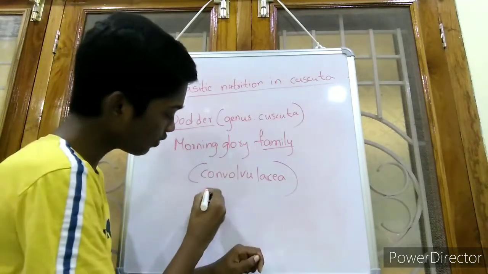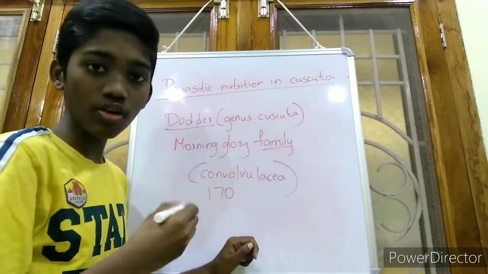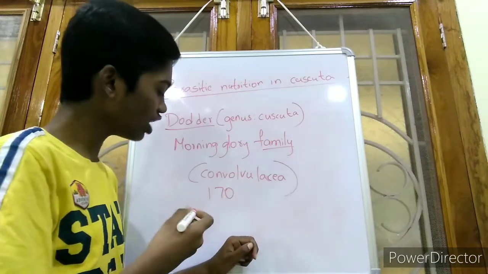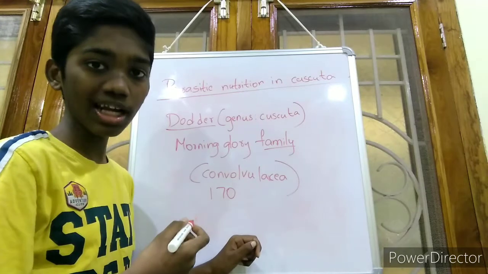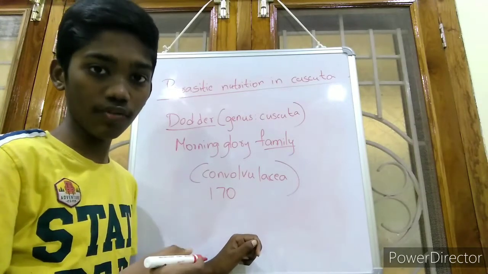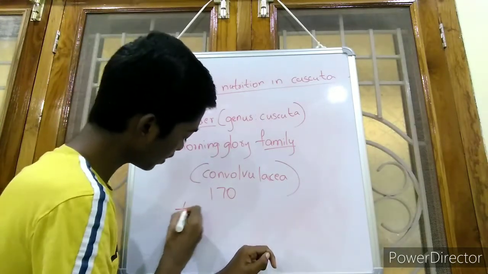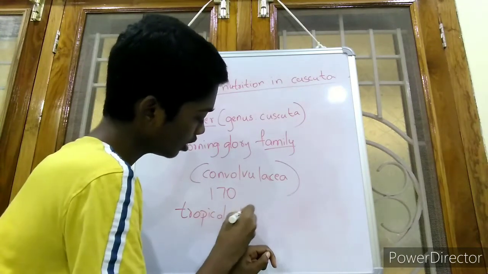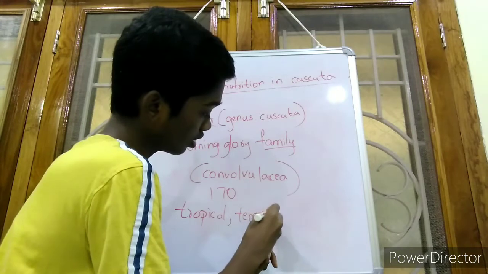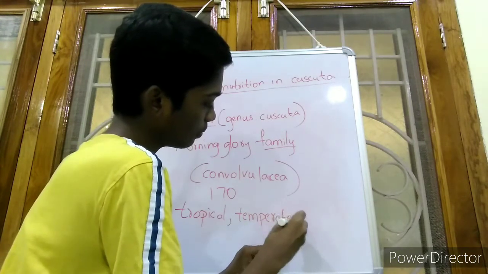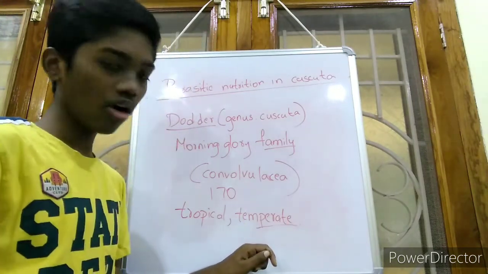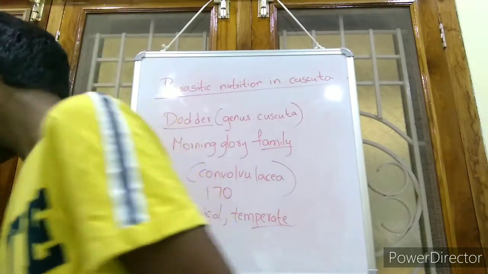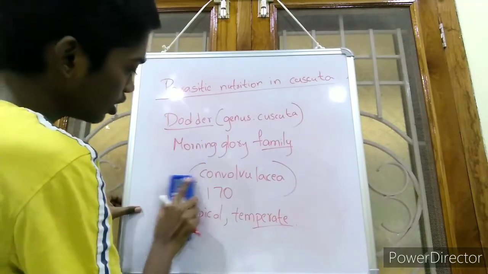There are about 170 types of species around the world which are spread throughout the tropical and temperate regions of the world. Now this is the introduction about the dodder plant.